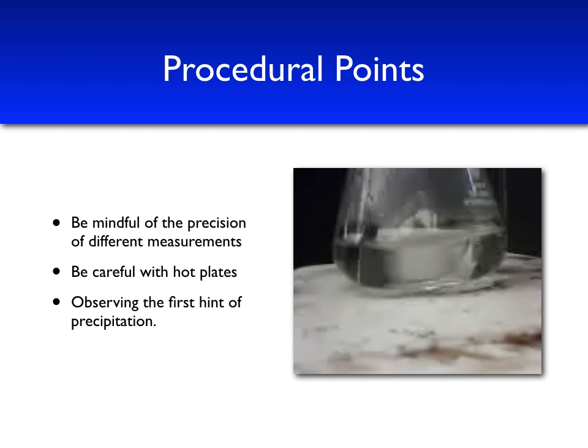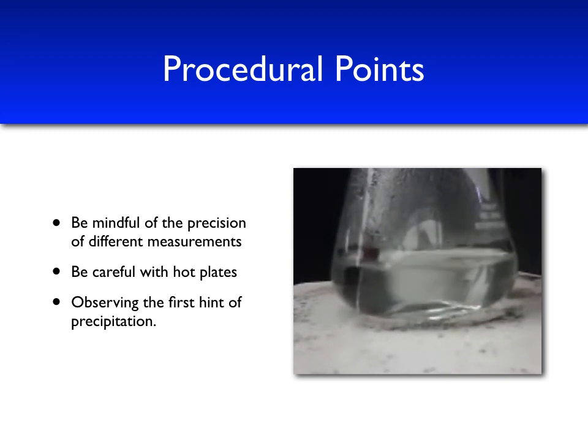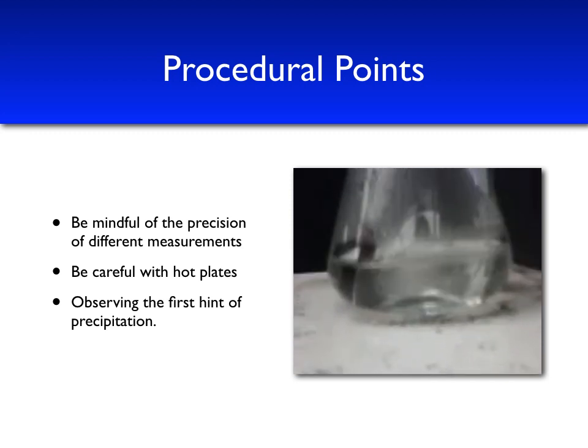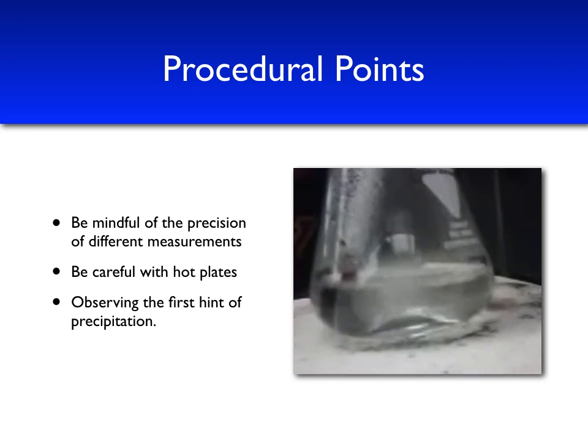Here's a video that shows that process. This is a solution that has the KHT dissolved in water. There is a stir bar and a black piece of paper in the background. Remember, we are looking at the first hint of cloudiness, as I can see right about now.